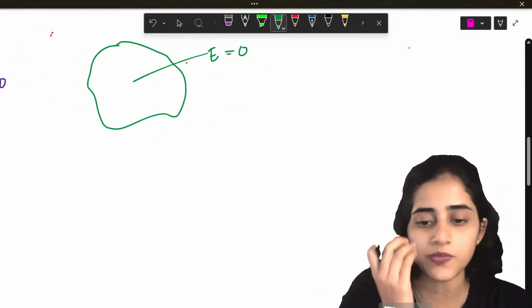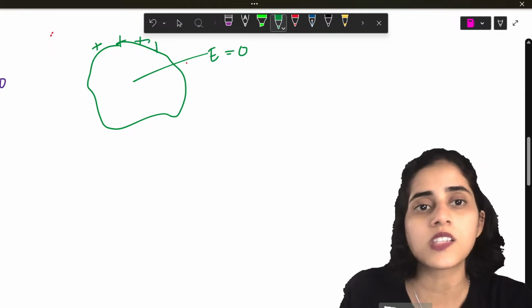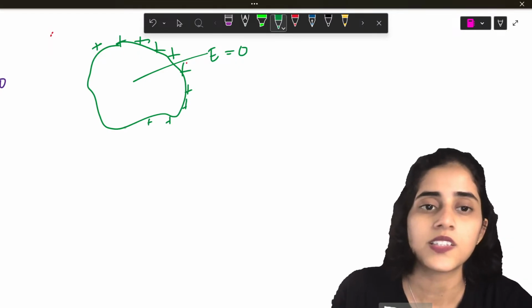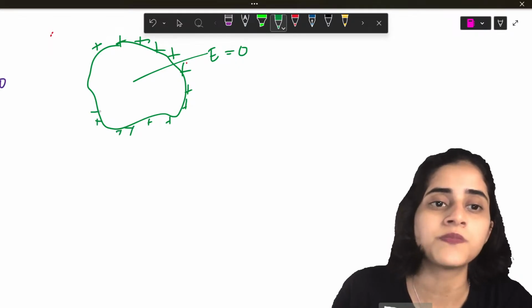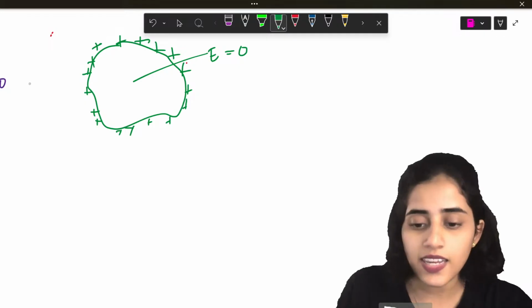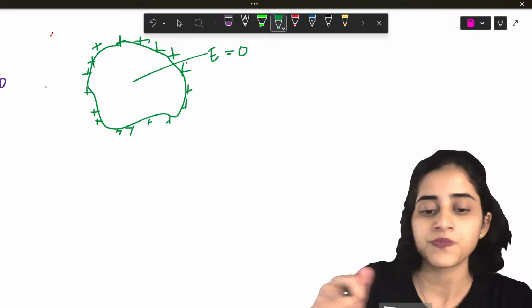Now, the charges always lie on the surface of the conductor. Inside the conductor, the electric field lines are zero.